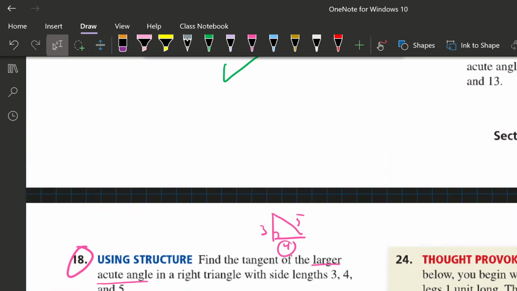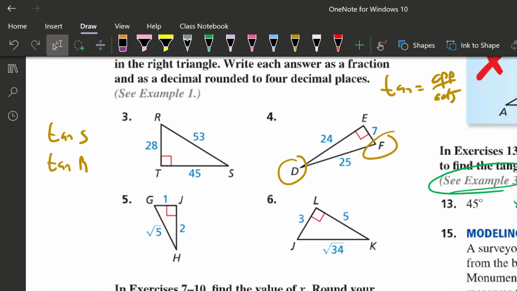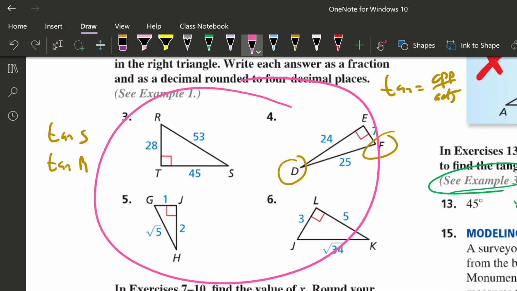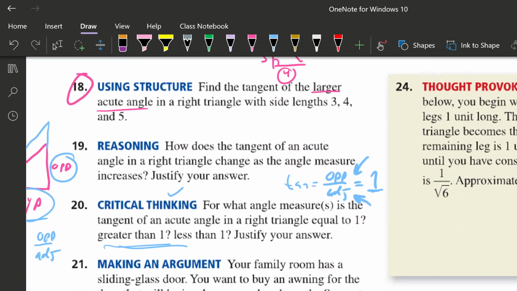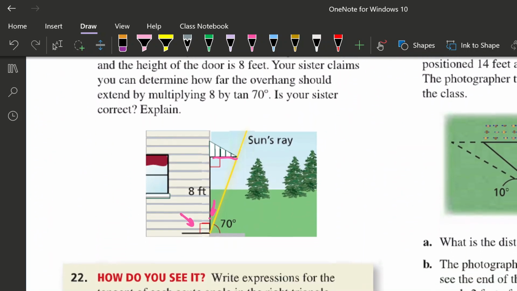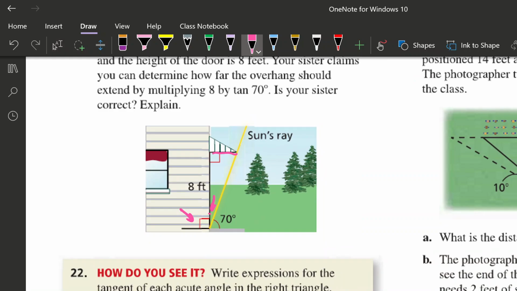22, you could have noticed this when you were doing these ones up here. There was a pattern you should have noticed on those, and this is just really bringing it out here. You're using the A and the B. Not going to use the C because that's the hypotenuse, and tangent just uses adjacent and opposite.